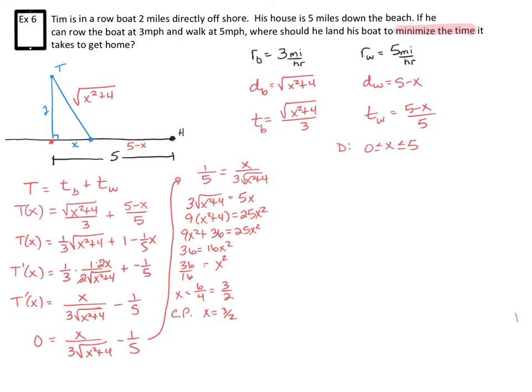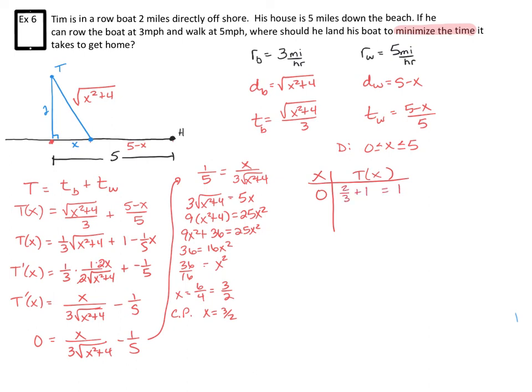So we're simply going to make a chart, and we have x and T(x). When x is the left endpoint 0, that one's an easy one. We plug that in. We will get 2/3 plus 1.